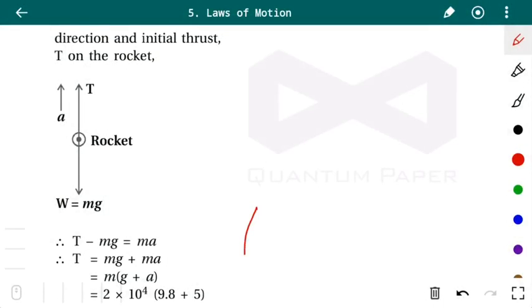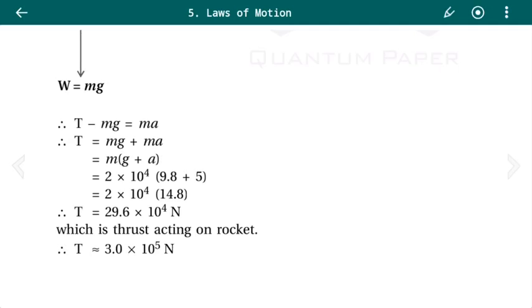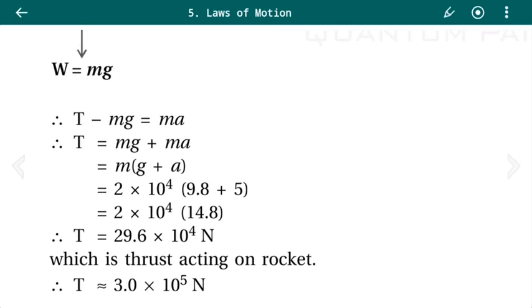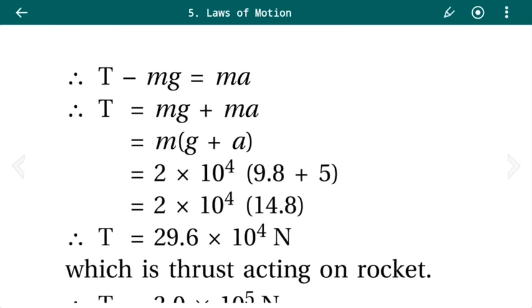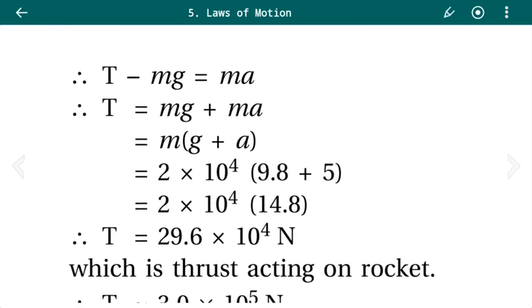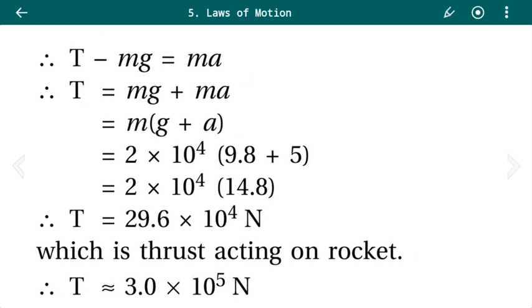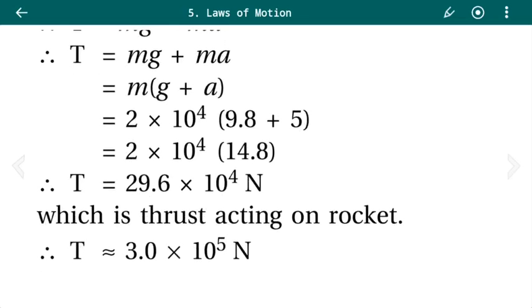Now here, taking minus mg on the other side, it is T equals mg plus ma, because here we need to find the thrust. Taking m common, it is m times g plus a. Put the values of m, g and a. Here m is 20,000 kg, so it is 2 into 10 to the power 4. Value of g is 9.8 and acceleration is given as 5.